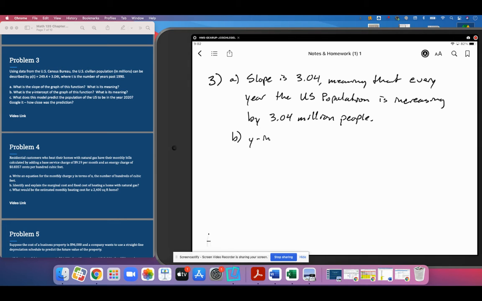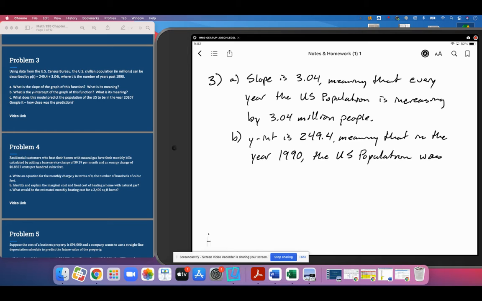So y-intercept is 249.4, meaning that in the year 1990, the US population was 249 million 400,000 people.